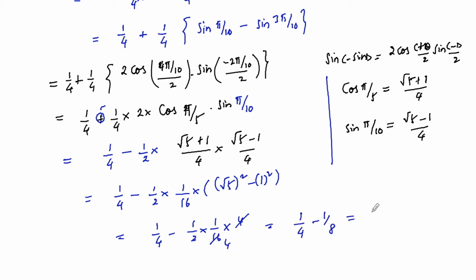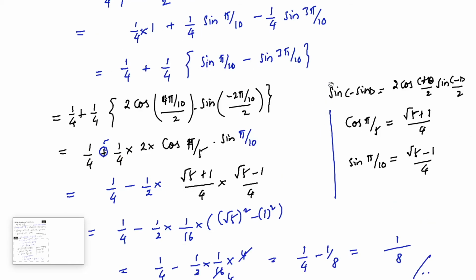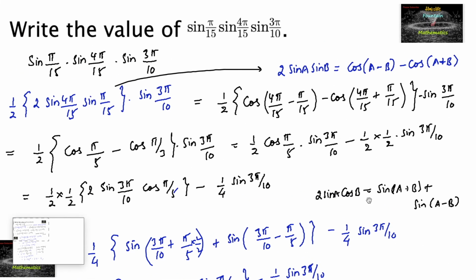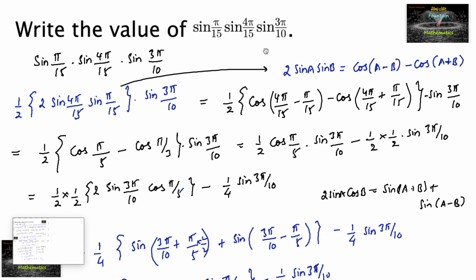So 1 upon 4 minus 1 upon 8, its LCM is 8, so 2 minus 1 is 1, so the answer is 1 upon 8. So we can just conclude the answer for the question: sine pi by 10 into sine 3 pi by 10, answer is 1 upon 8.